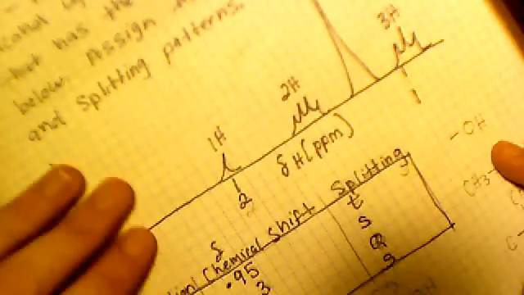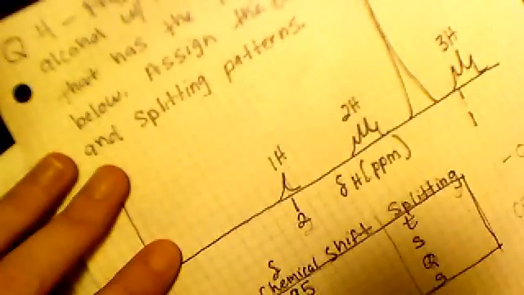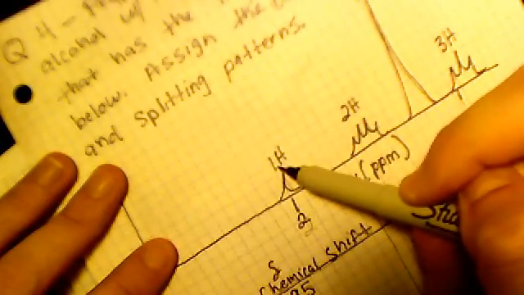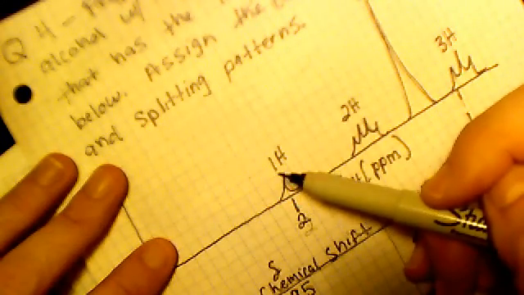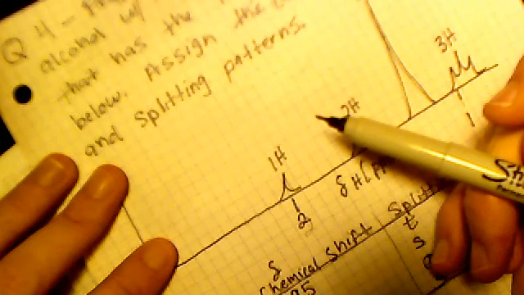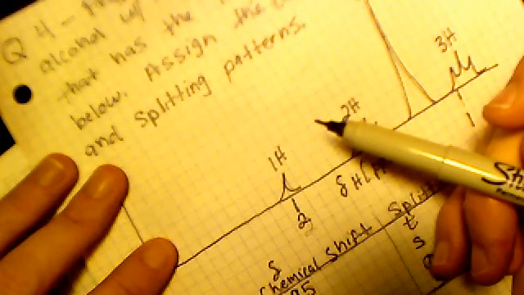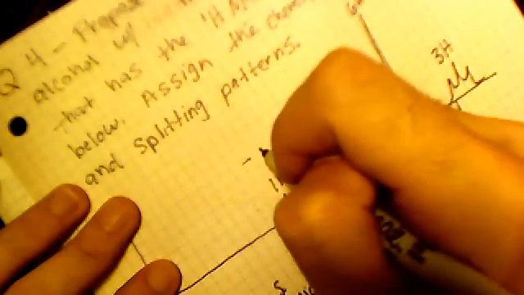Okay, so now we need to write the chemical formula or structure. This is what I did. I said, okay, there's one H right here. It's the farthest downfield, so it's right next to that oxygen, the electronegative atom. So I said this is like OH.